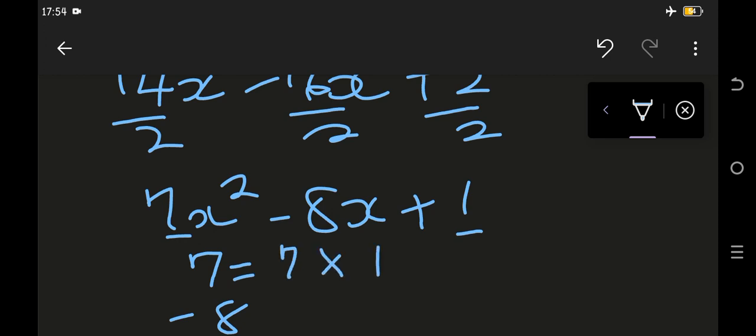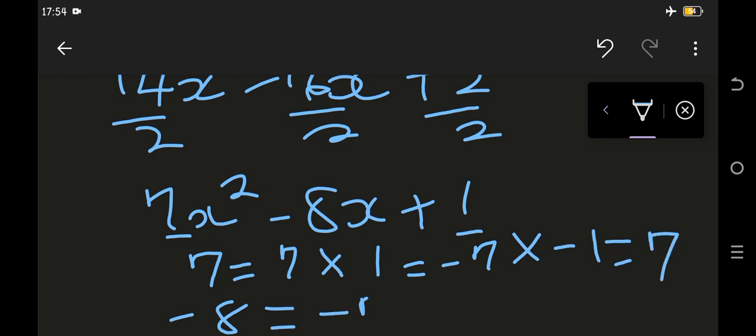Now once you get the factors, you just play around with the negatives and the positives. You will see that if you take negative 7 times negative 1, you will get 7. And if you take negative 7 plus negative 1, we'll get negative 8.